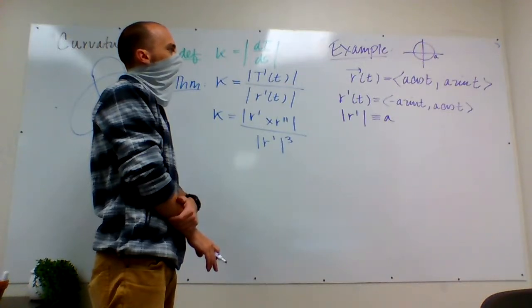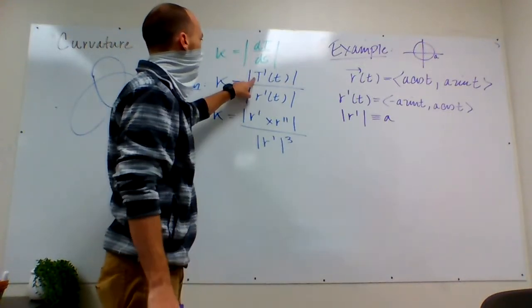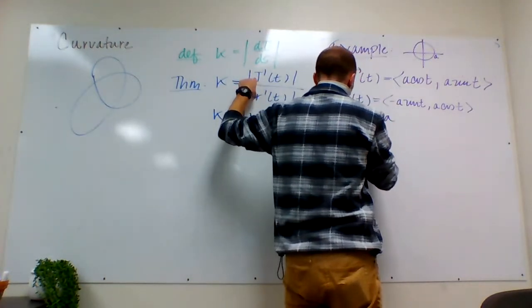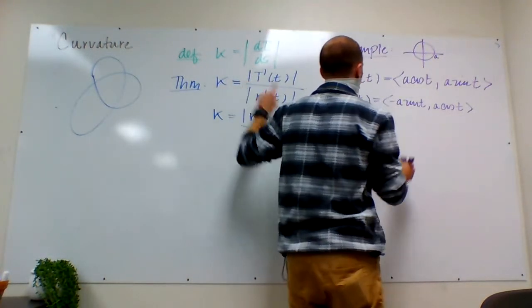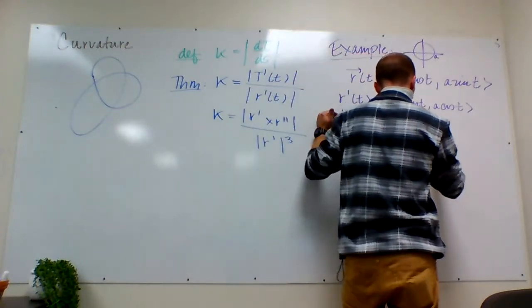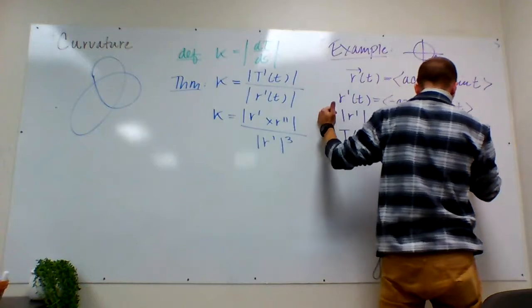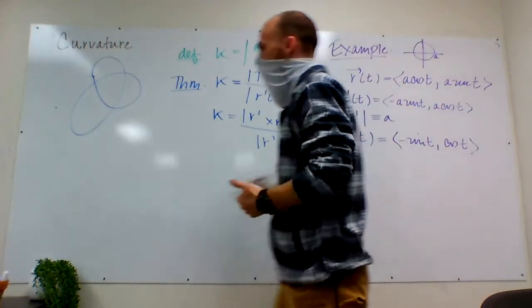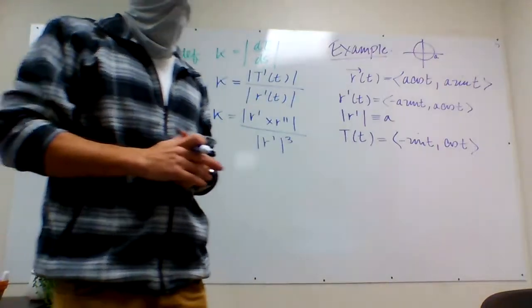And as a result, I can say that T of t is r prime divided by the length of r prime. Well, that's negative sine t and positive cosine t, because I took r prime and divided it by a, because that's the length.